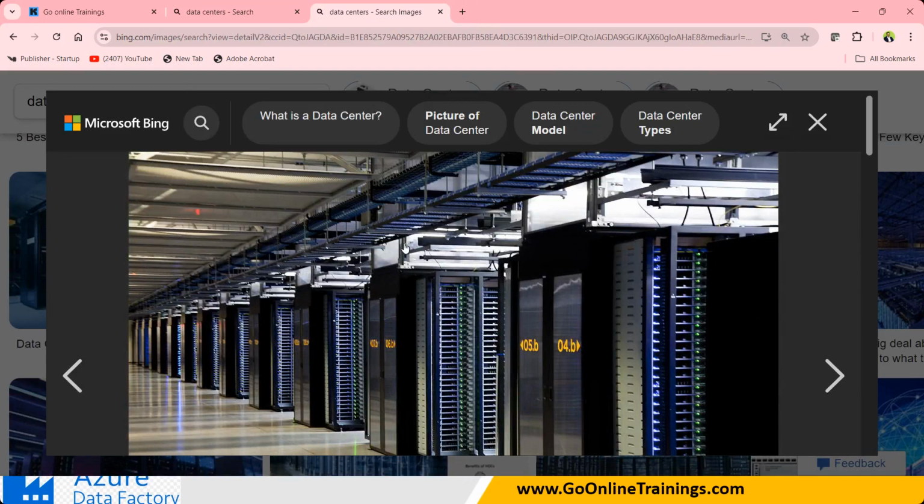Inside you have Apache big data Hadoop systems, or maybe data warehousing machines are available. Data warehousing you can also maintain on premises. On premises means you have to buy the computer, install the necessary software, and run it on your own. That is data warehousing on premises.